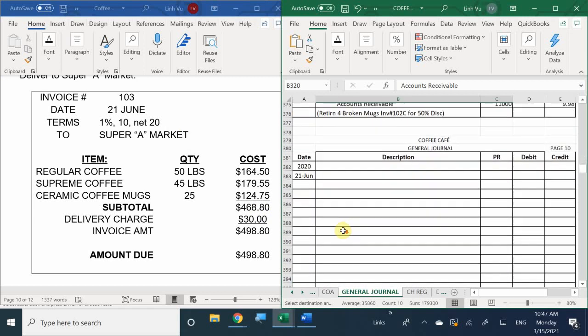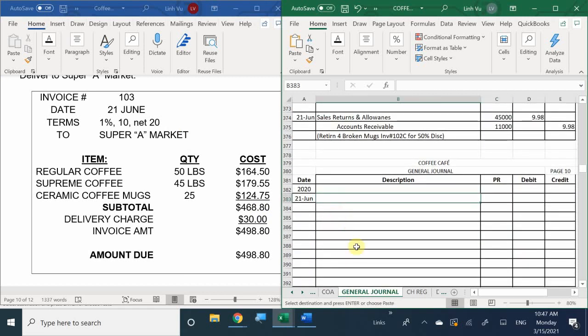So this one is the same journal, except the only difference is there's no checking account, right? This person didn't make a 50% down. They didn't make any payments. So in this case, this is a straight bill of $498.80. Again, how much sales of the regular coffee did we sell? 20.